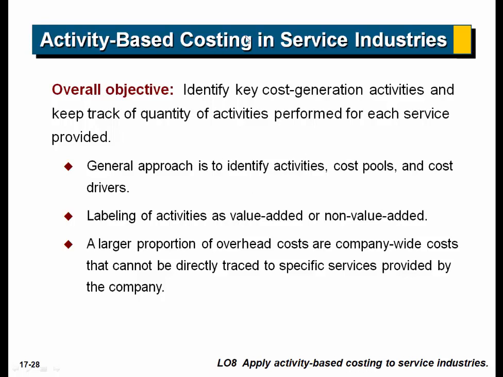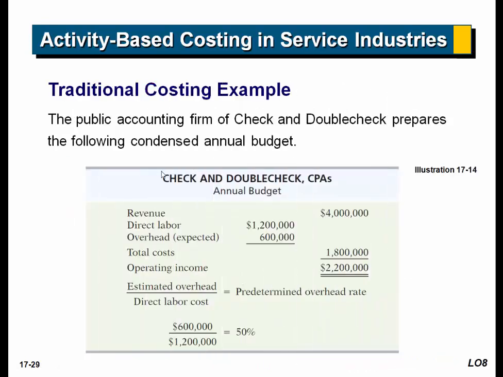If we go to a service company, the overall objective is to generate cost based off of the products. And as the overhead costs get higher, they're going to be allocated. It's hard to trace those costs back to the company. So here's a simple example of traditional costing in the service industry.